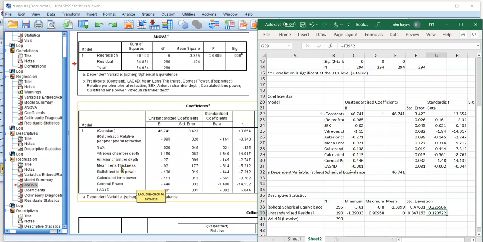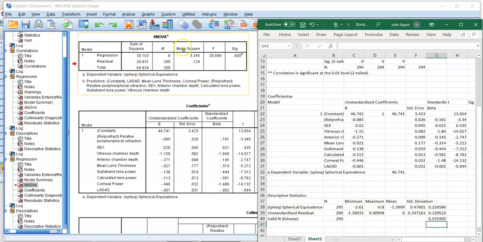Okay, now let's go back to our little spreadsheet here. We have the variance of spherical equivalence, and we have the variance of the unstandardized residual. And if we divide the residual by the variance of y, we see that the residual accounts for 53% of the variance of spherical equivalence.